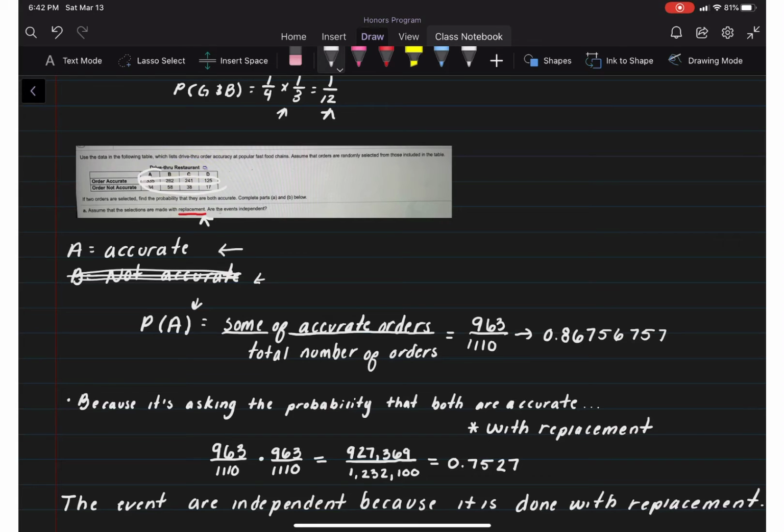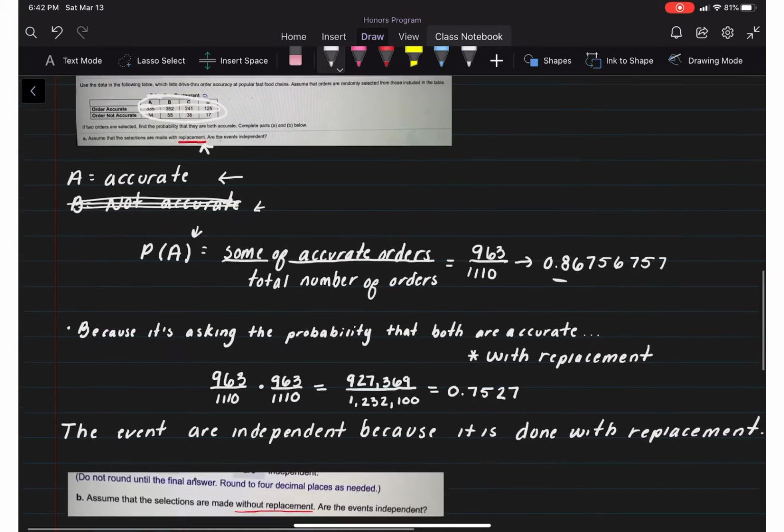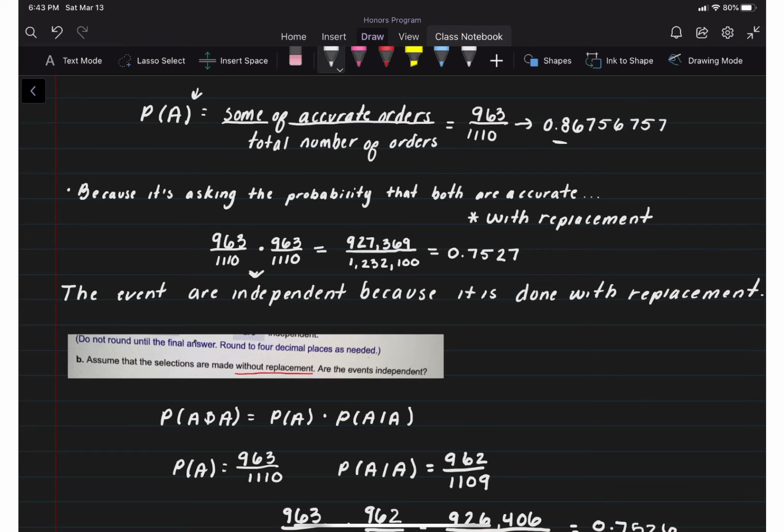So that's 963 over 1,110. You don't have to put it into a decimal. I just did because I don't know.